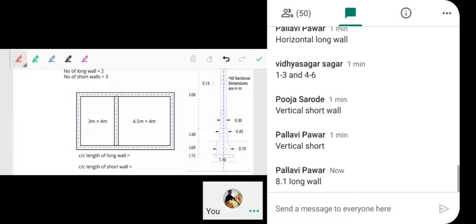Center to center line length of this particular long wall. Okay, 1 to 3, we have considered the long wall. So this center to center line distance we have to calculate for the long wall.